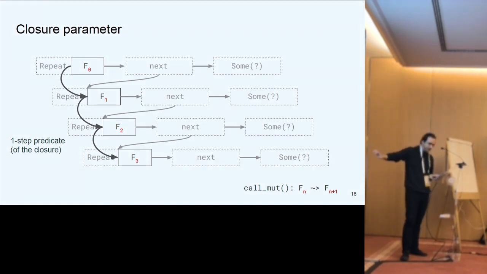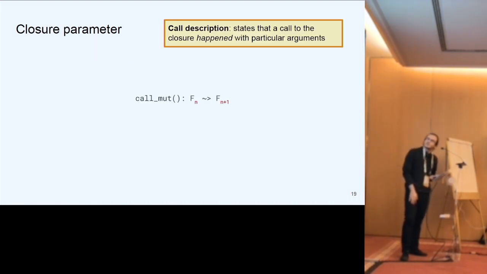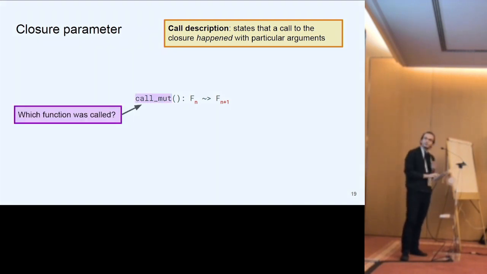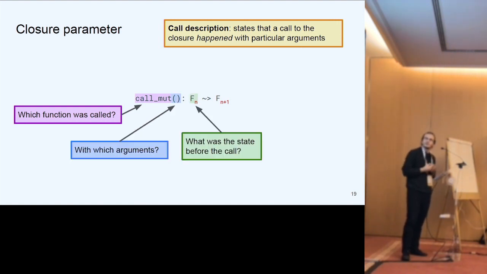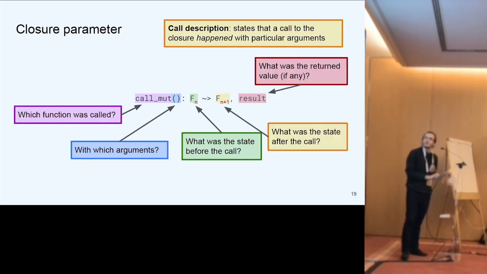This is the general syntax, and essentially this is an assertion which states that a call has happened, that a call to this specific method happened with some parameters, which in this case were none, taking the closure state from one state to another, and optionally, not in this case, maybe there was some result. This is vastly simplified, but sufficient for this talk.